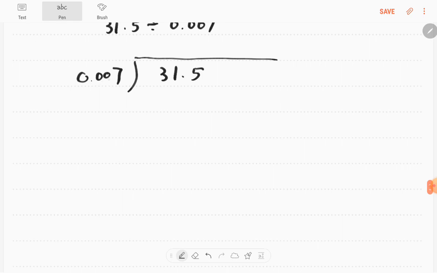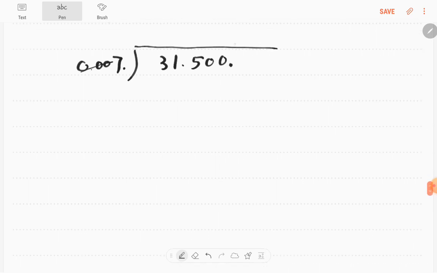So that will be 7. Change 0.007 to 7. So we actually move our decimal point 3 times. 1, 2, 3. So we need to do the same thing, right? 1, 2, 3. So this will be our decimal point.